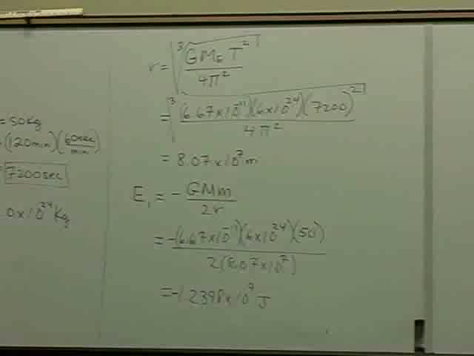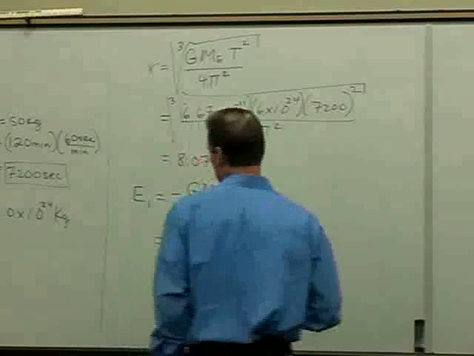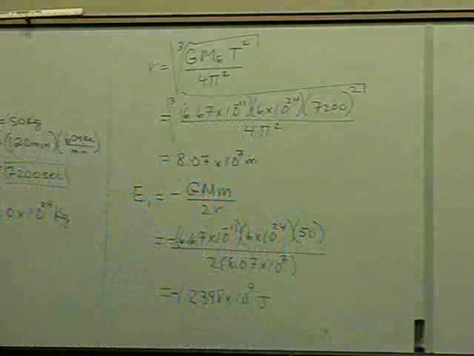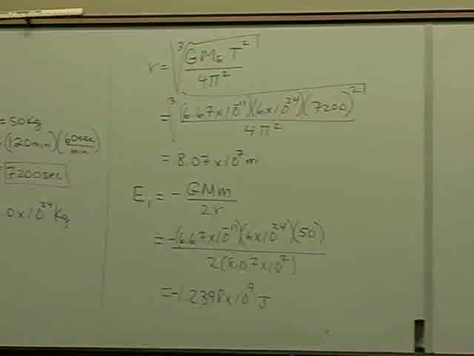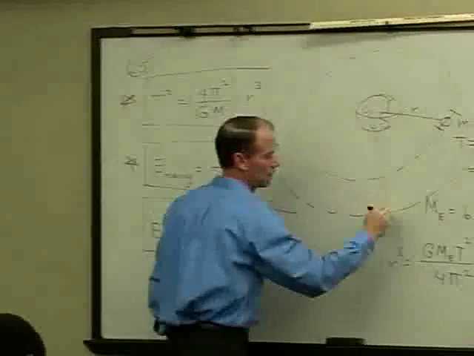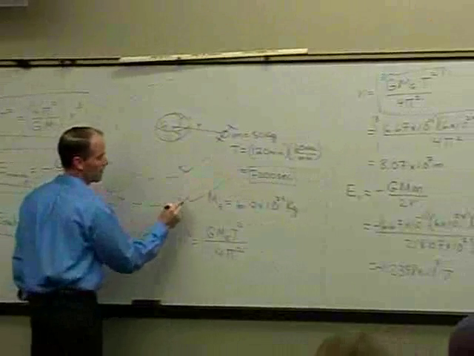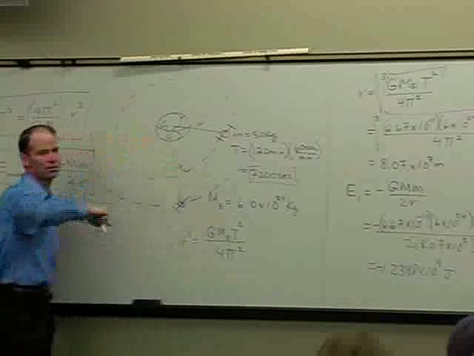Let's try the same thing for the other orbit. The only thing that's changed is that we're taking 3 hours to go around. So we're at some second radius, R2, and at that radius, it's taking 3 hours to go around the Earth.